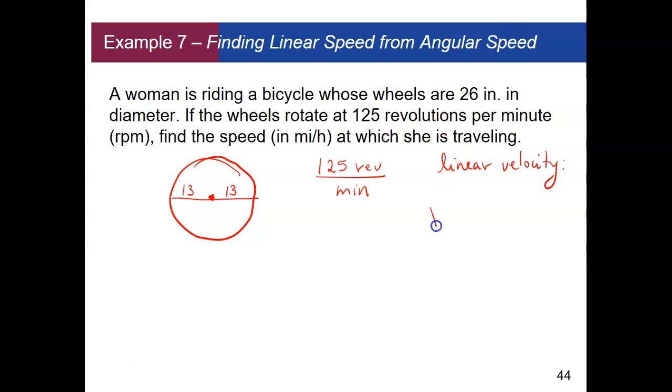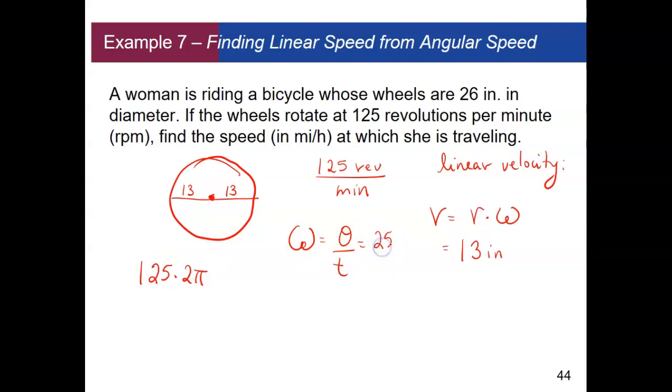So to find our linear velocity, that's our radius times our theta. Actually, sorry, our radius times our angular speed. So our radius in this case was 13 inches, and our angular speed is theta divided by time. Okay, so the revolutions are going 125 revolutions per minute. So that's going to be 125 times 2 pi.